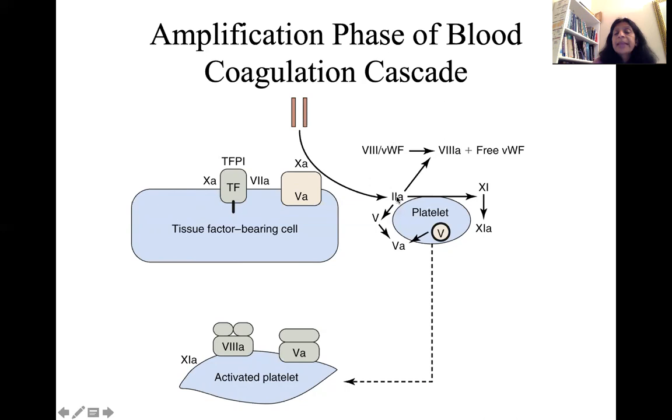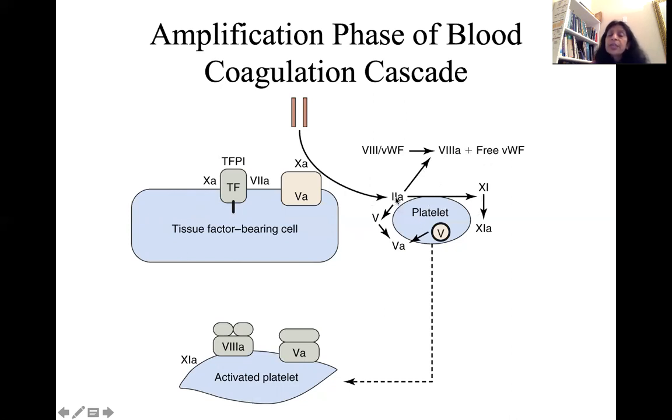Thrombin activates a platelet, releasing more factor 5, and now it's going to initiate the activation of cofactor factor 8, which is bound to VWF. That is one thing that's going on.